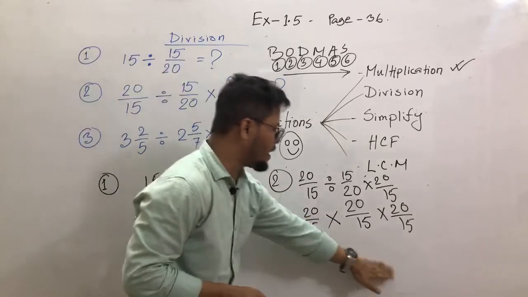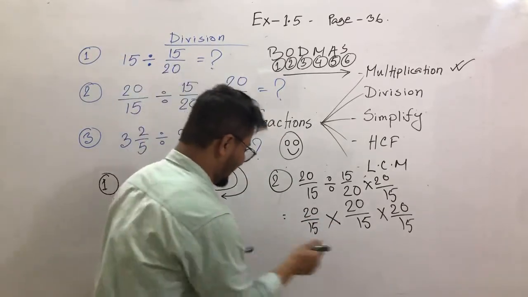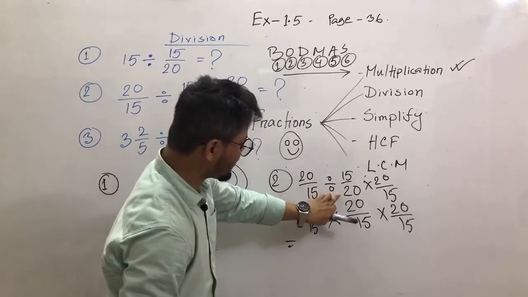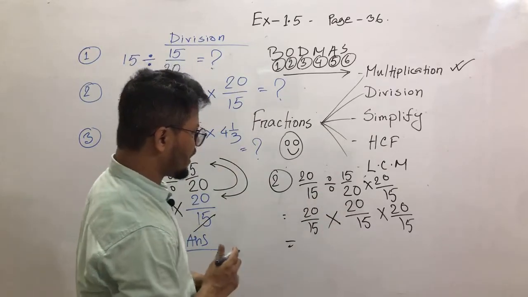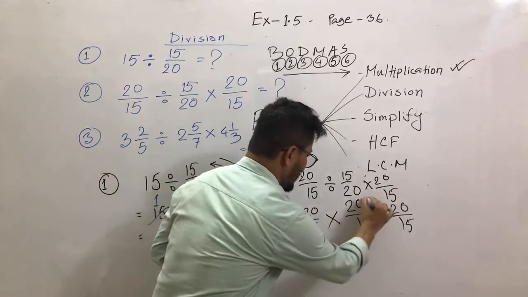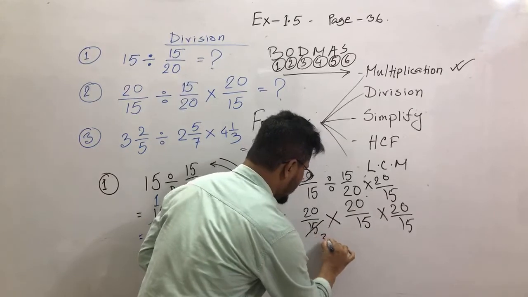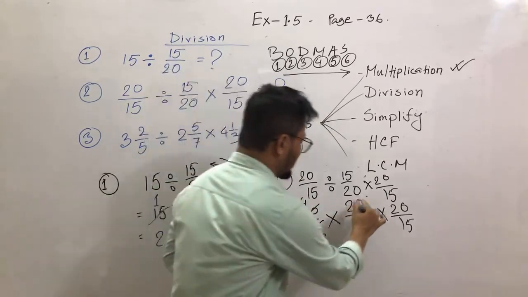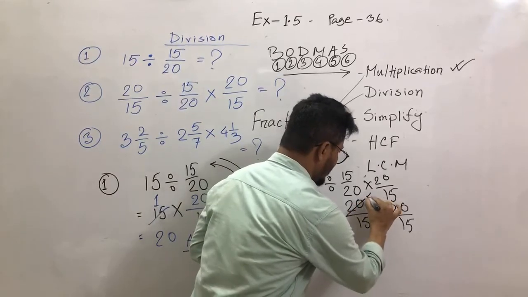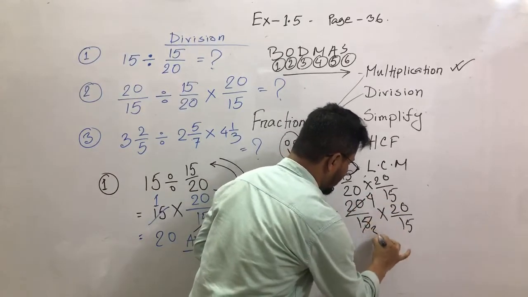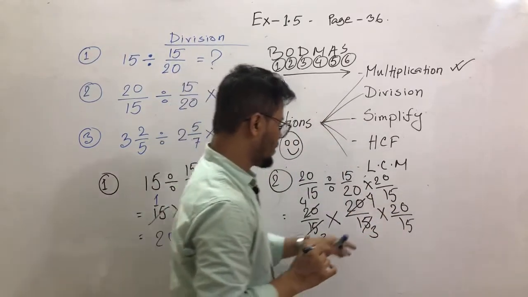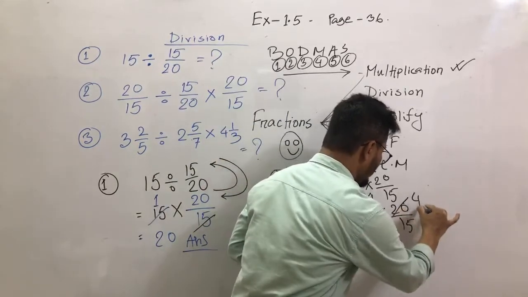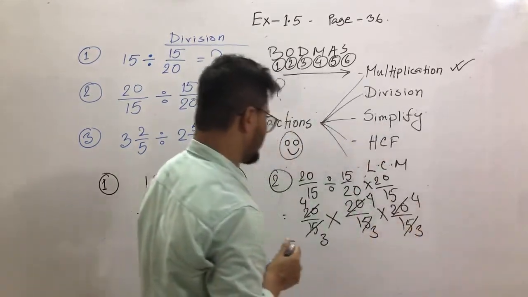I think maximum students you have made a mistake here. Just change this one and now calculate. This is now 3 times 5. There is the 4. Again we can divide this one. This is the 4, and this is the 3 times, dividing by 5. And there is also 4, and this is 3 times.